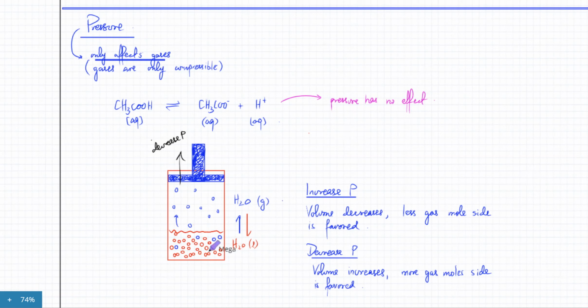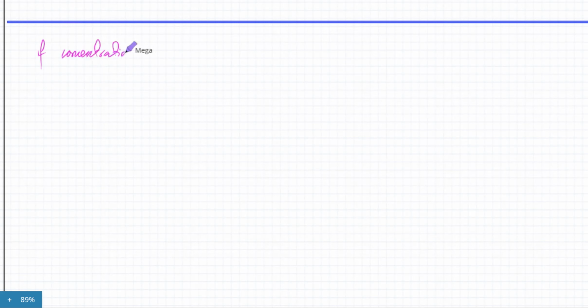The third point is about concentration. And remember, it's not about quantity, it's mainly about concentration.